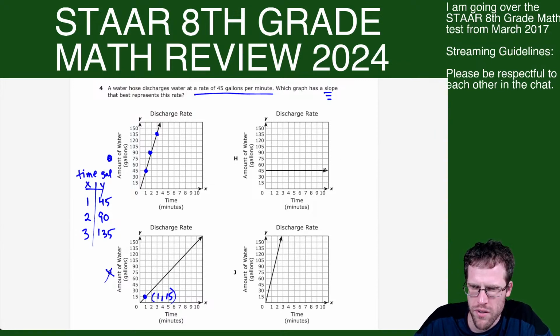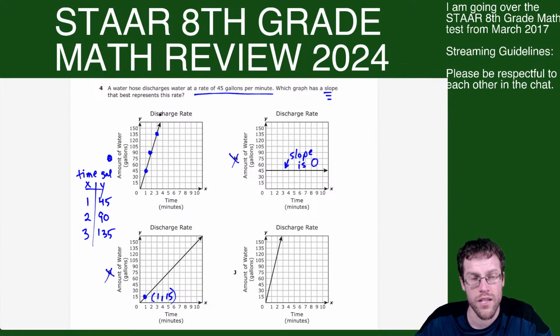It's kind of weird how this thing could start at 45. That just doesn't make sense. Maybe they discharge 45 and then they don't want to discharge water anymore, so they turn the hose off. So no more water is coming out. The slope here is 0.